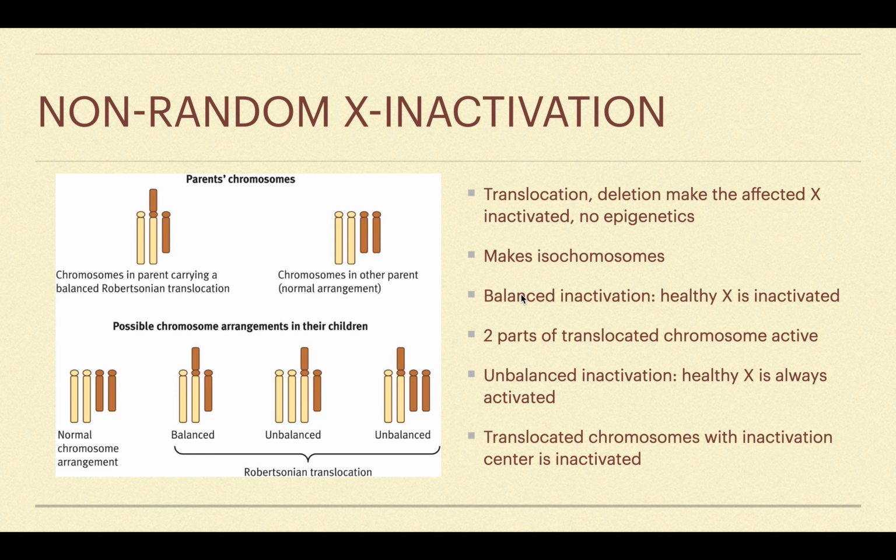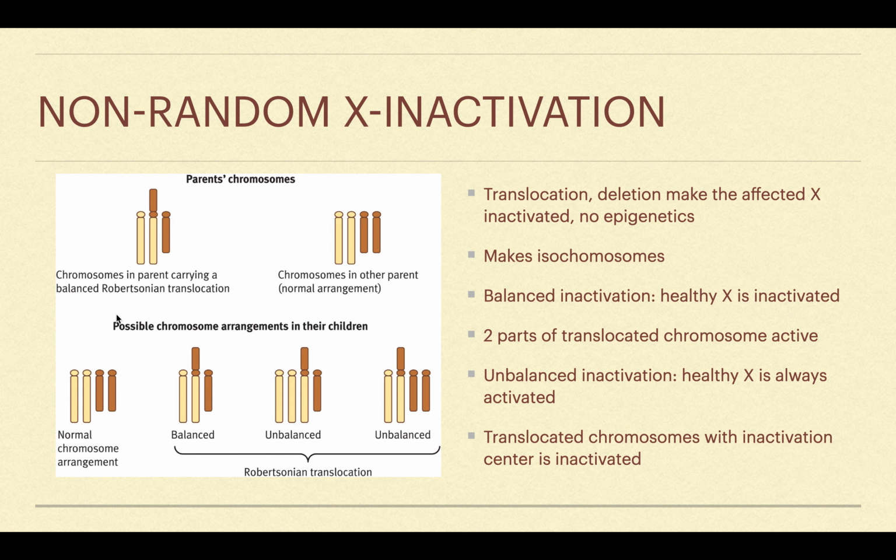There's going to be the balanced inactivation, where the same amount is going to be inactivated, but unfortunately the healthy X is going to be inactivated. We want the two unhealthy X's because we want to retain the amount of information that has been translocated.